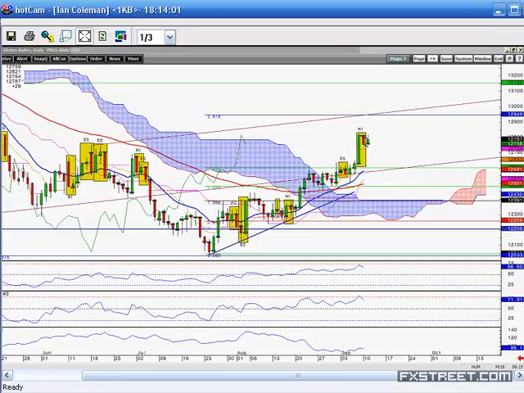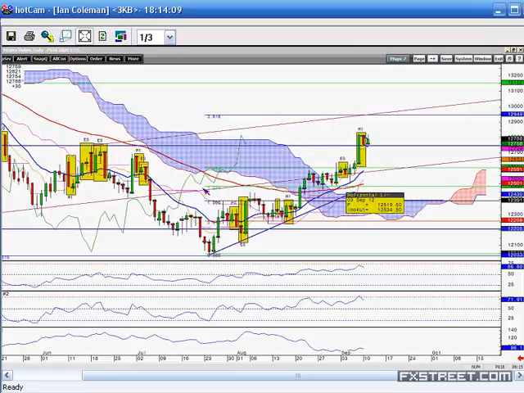Now, we've obviously got a previous area of resistance here. It has broken the previous area of resistance, then has come back to retest the area of support, because it was resistance, it now becomes support.